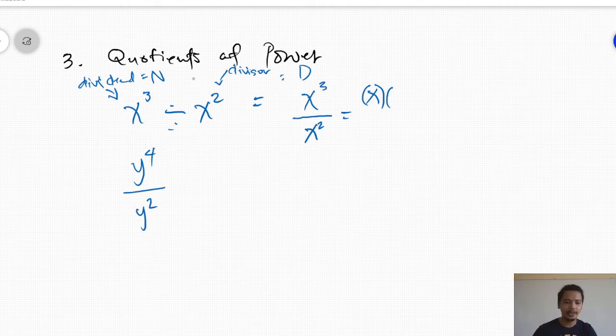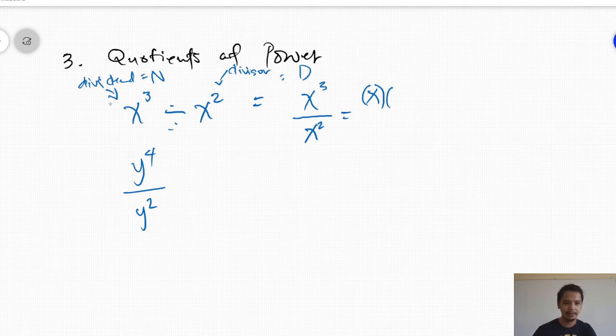So basically, when we are to use or to consider this third law of exponent, mas madali natin siyang visualize kapag tinransform natin yung division natin into a fractional itsura.